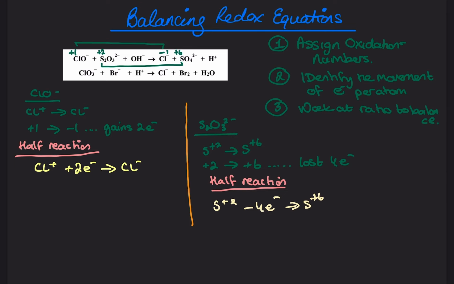So that's what's happening there. Now, in your books or whatever you're looking at for revision, it might sometimes say plus 4 electrons, but it will be written as S +2, S +6, plus 4 electrons. And that's like in algebra, when you bring a minus sign across the equals, it just changes the sign. So I'm just going to leave it as the minus.